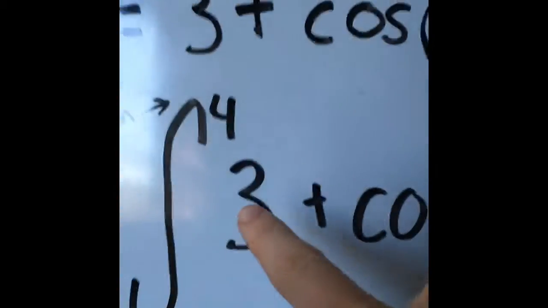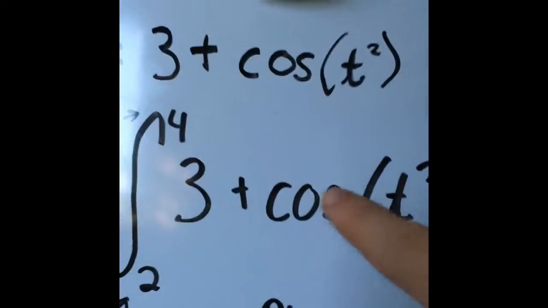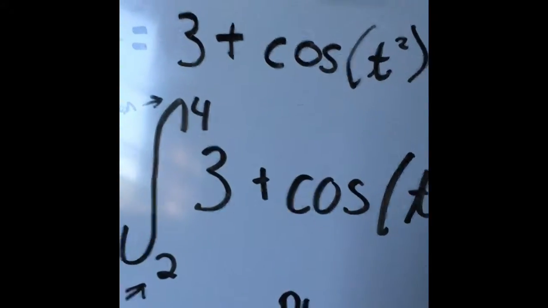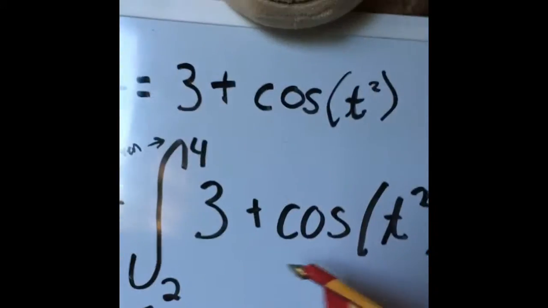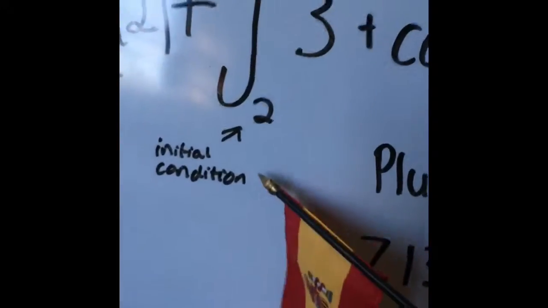You add that to the integral from 2 to 4 of the derivative of x, 3 plus cosine of t squared, and that will get you the coordinate at t equals 4. This is your initial condition, and this was the time that they were asking for.